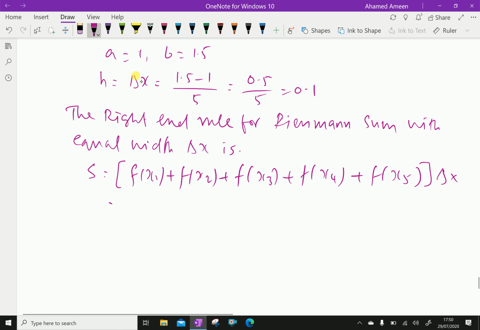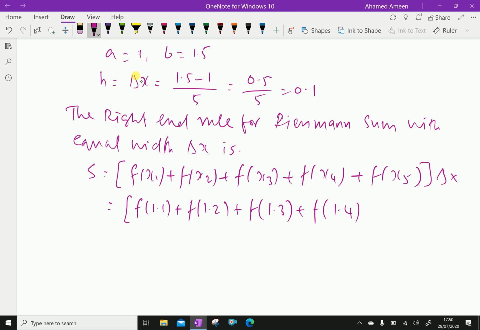Here f of x1 is f of 1.1, f of 1.2, f of 1.3, f of 1.4, f of 1.5, multiplied by delta x, which is 0.1.